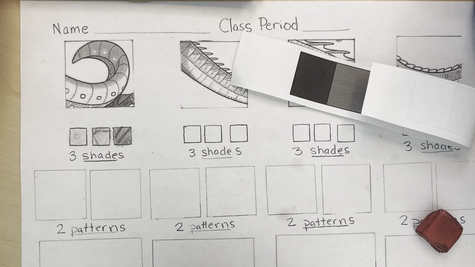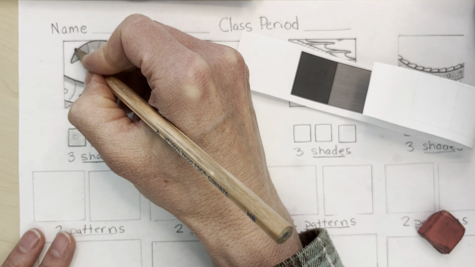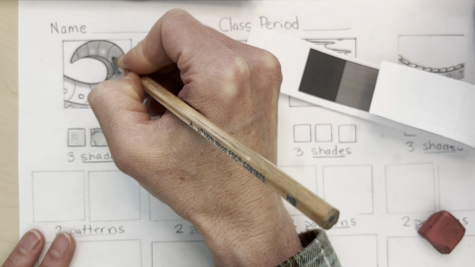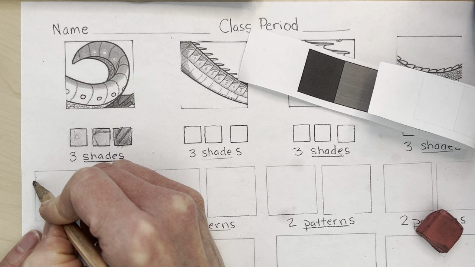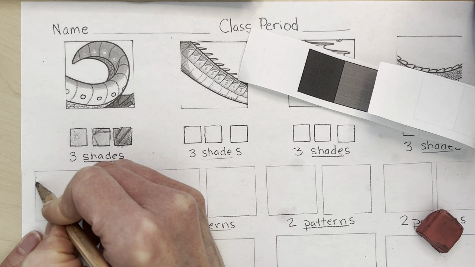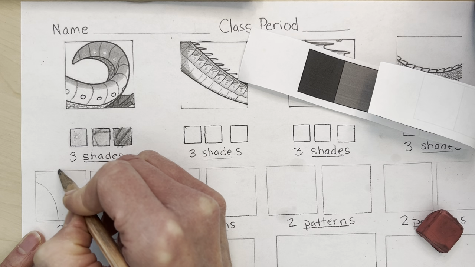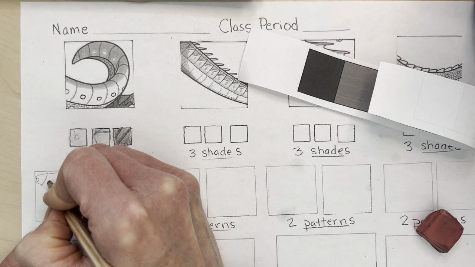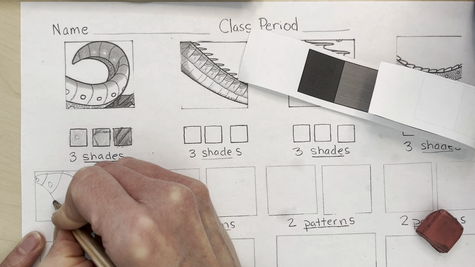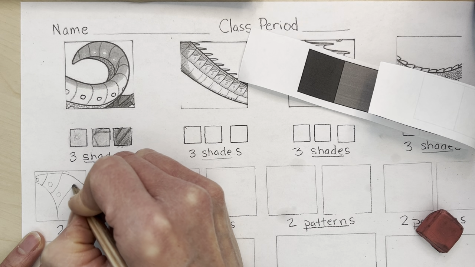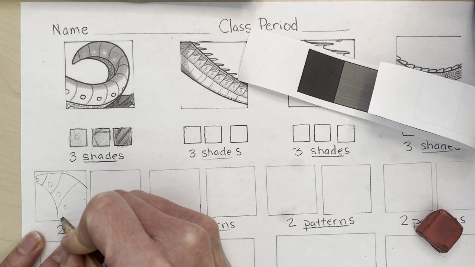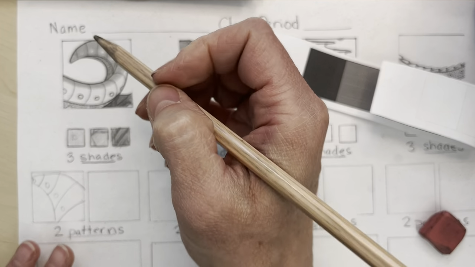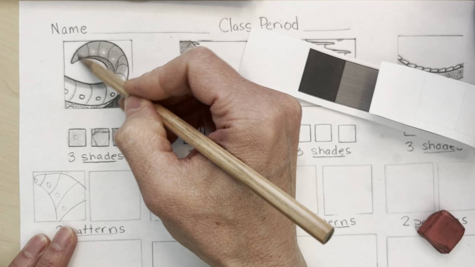For example, I see a pattern that goes line, circle, line, circle, line, circle, line, circle. And then I'm going to add some shading to it.